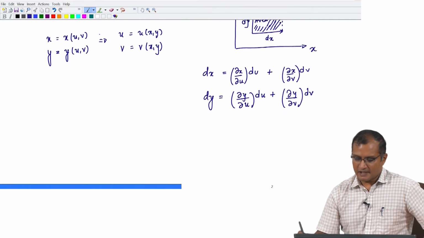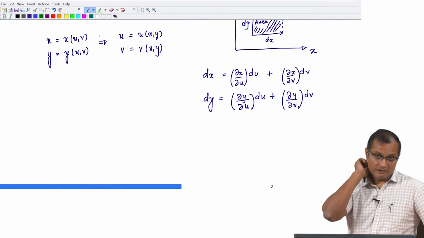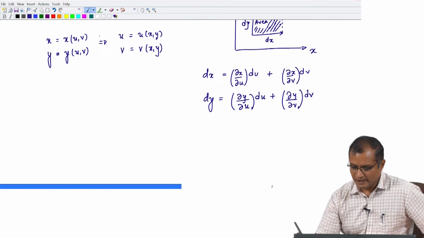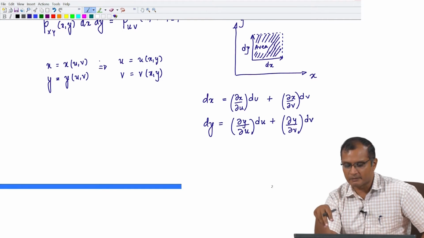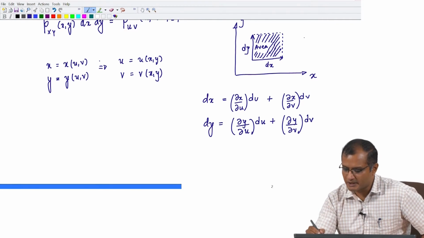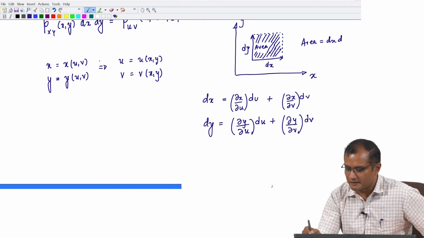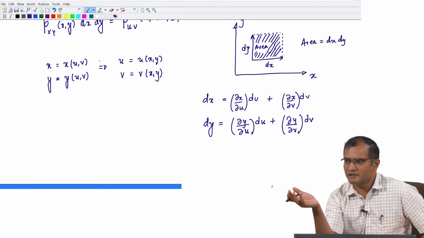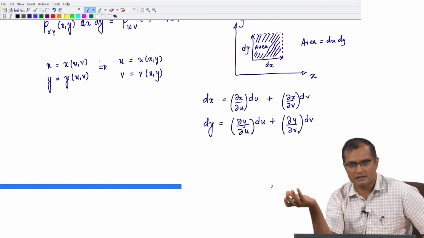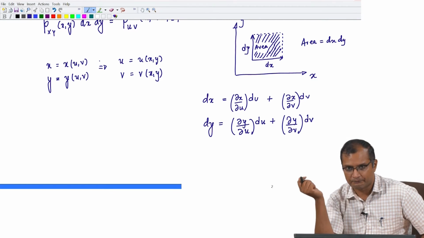So, now you can see that dx and dy were displacements in the x y plane, and that give me this small area element dx dy. So, the area element here is basically dx dy. You simply obtain it by cross product of dx and dy, but because dx and dy are orthogonal to each other, the cross product is just magnitude dx times dy.